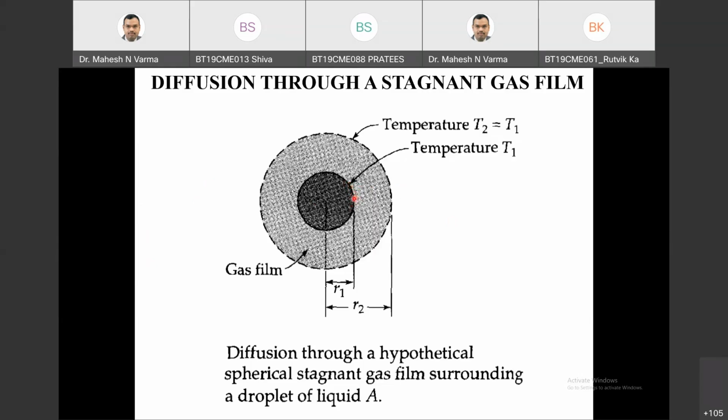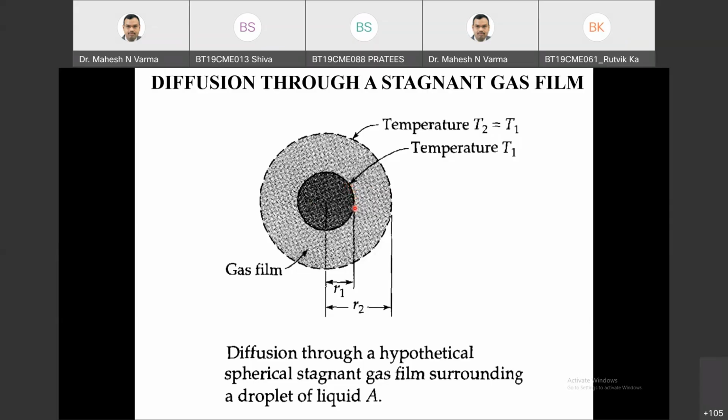I think it will be XA2, sir. Huh? XA2 here. At the interface? Sir, can you please repeat the concentration? What is the concentration of A at this interface?